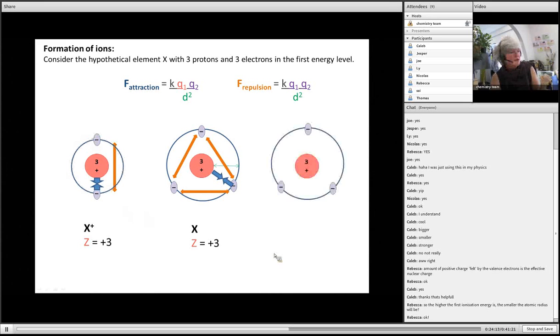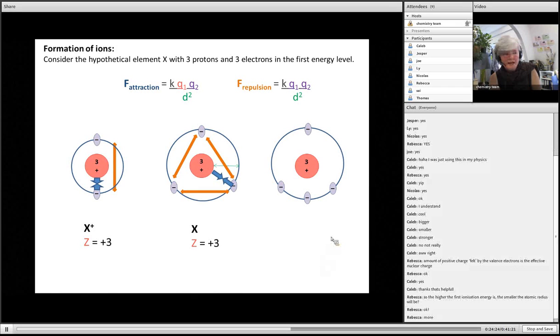Okay, if I look at this one and I add an electron, now we've got what? More repulsion or less repulsion? I've added an extra electron, more. But the repulsion will still be the same. Okay, it's just they've got to now try and keep the actual force of repulsion the same.